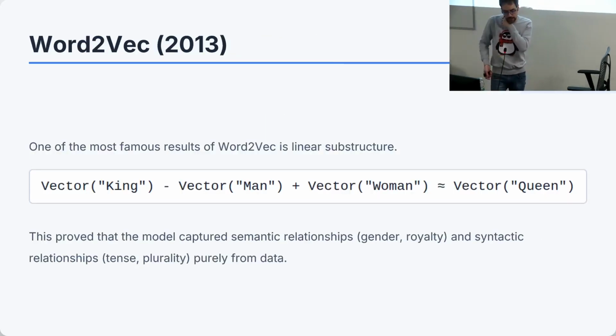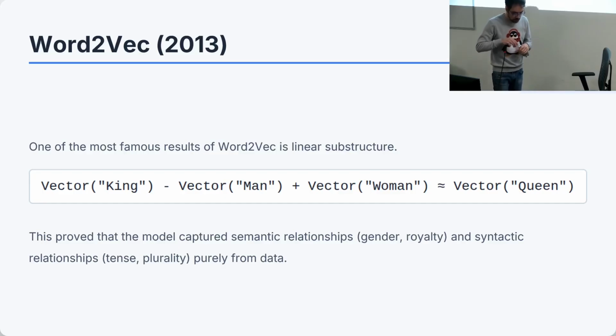As we anticipated, in 2013, another representation came out called Word2Vec by Google that had a very, very interesting property. If I remember well, it was quite a surprise also for the authors, because they didn't really expect this thing to work, but it worked.